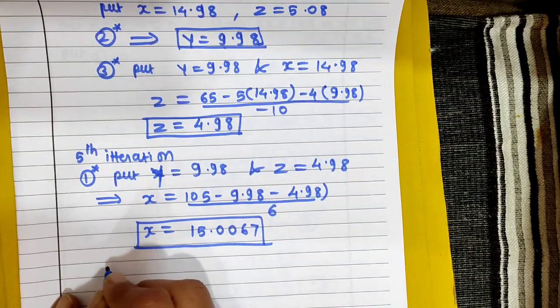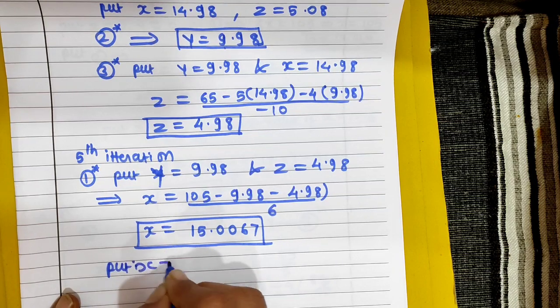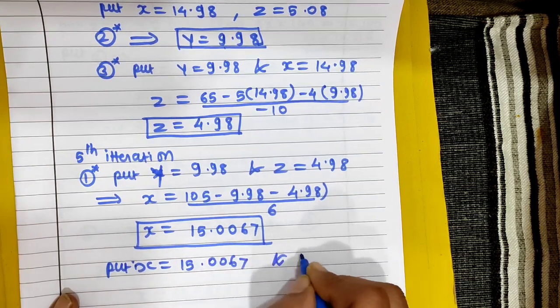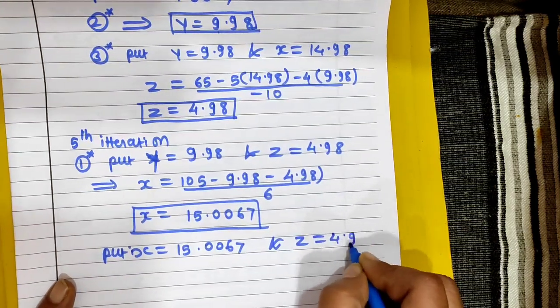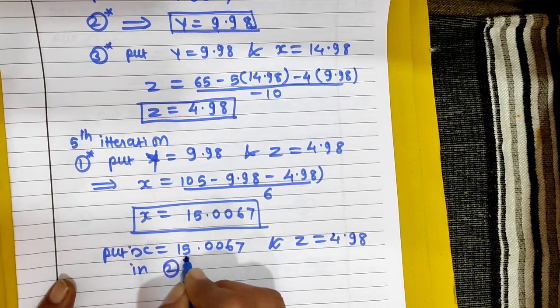In the second star equation, what do we have to put? Put x equal to 15.0067 and z equal to 4.98 in the 2-star equation.